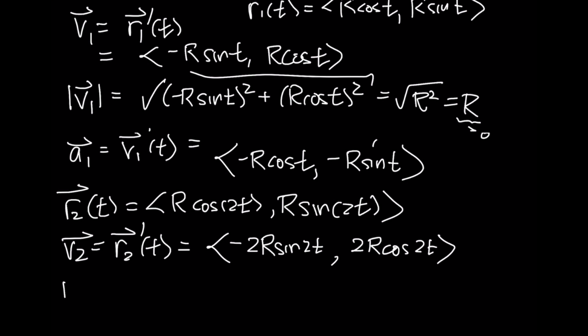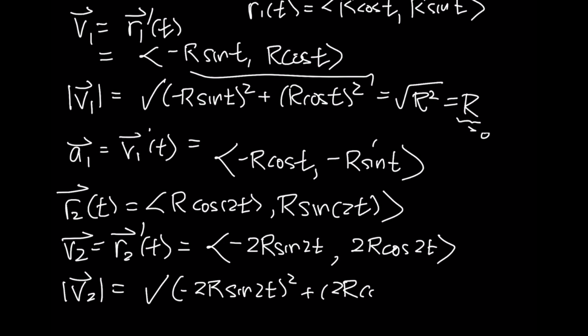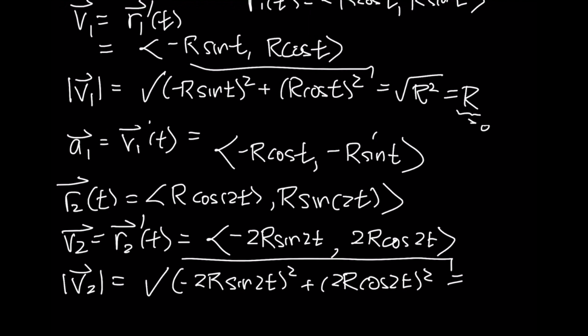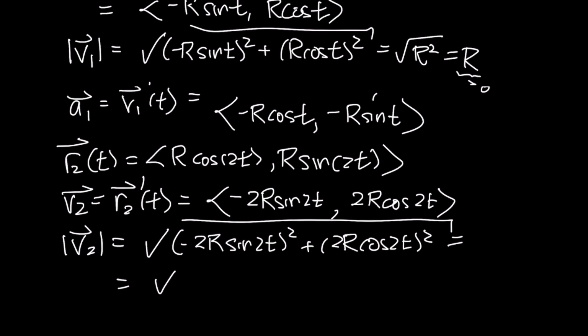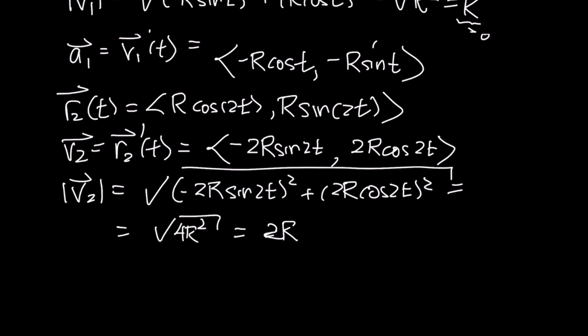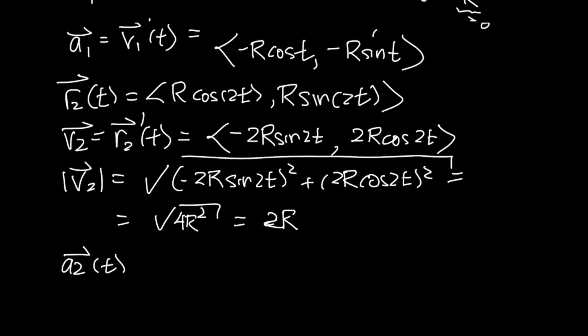The speed, the length of this vector, is the square root of (negative 2r sin 2t) squared plus (2r cos 2t) squared, which is the square root of 4r squared, which ends up giving me 2r. And then the second acceleration function is simply the derivative of the second velocity. I have to use the chain rule again, and this is going to end up giving me negative 4r cos 2t and negative 4r sin 2t.